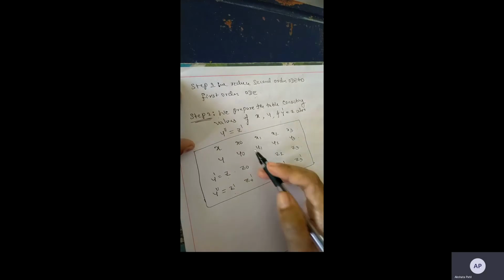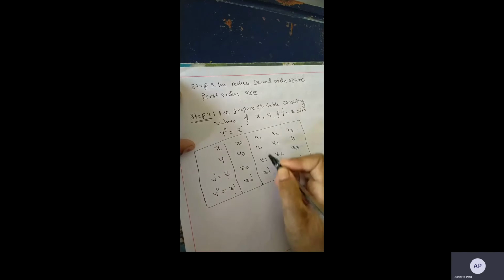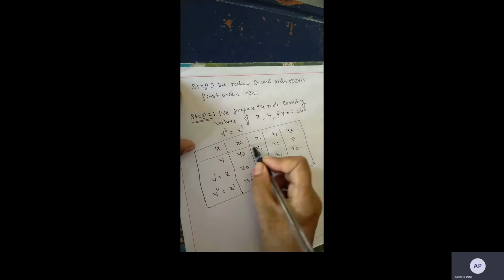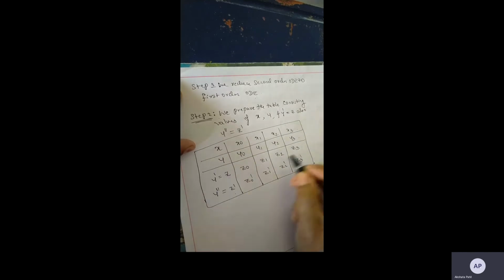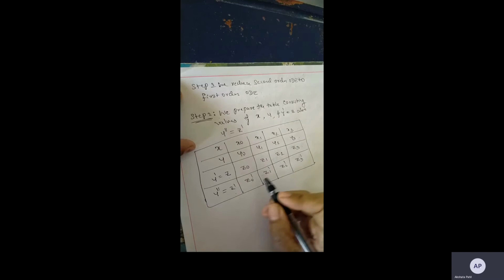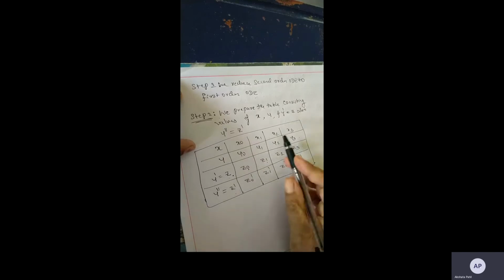We know the values of x, y and z, and by using these values we calculate z0 dash, z1 dash, z2 dash, and z3 dash. So this is step 2.